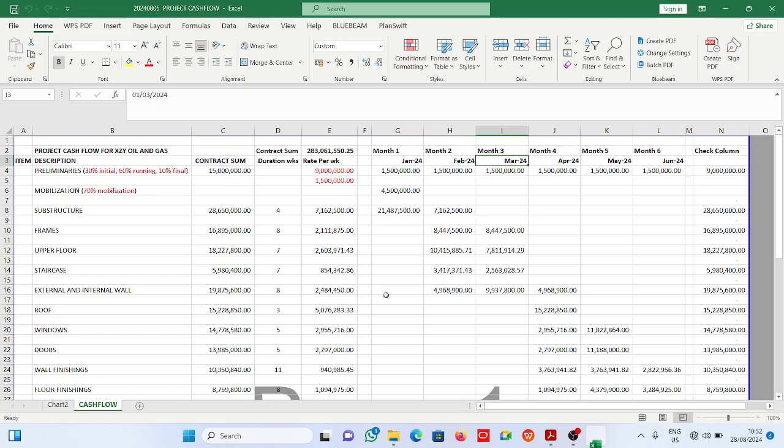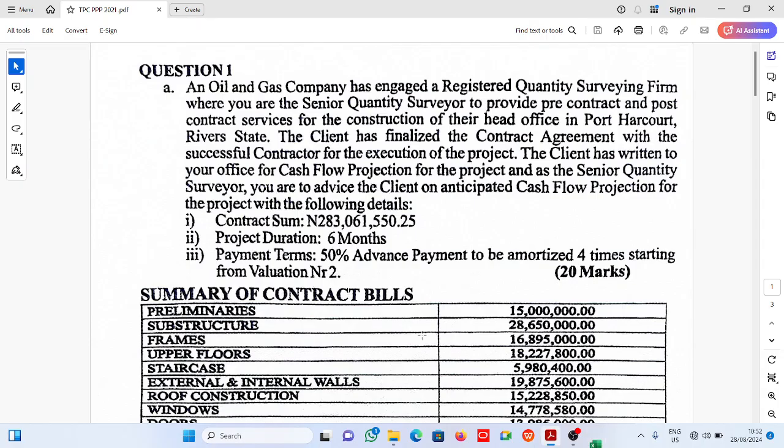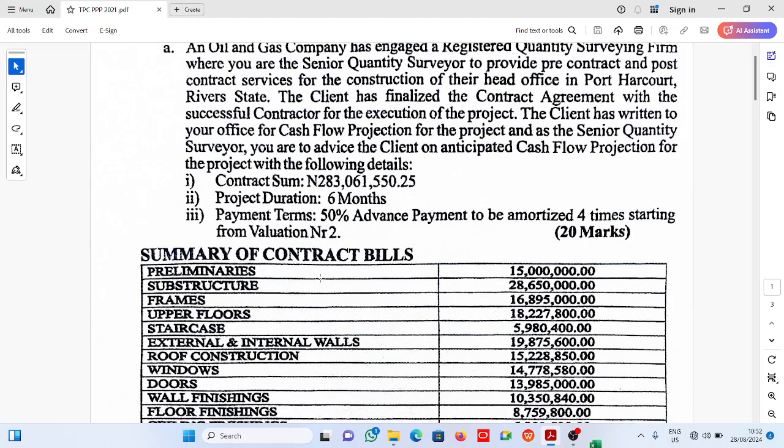Now if we come back to this question, you see the first item here is preliminaries, and it is 15 million.